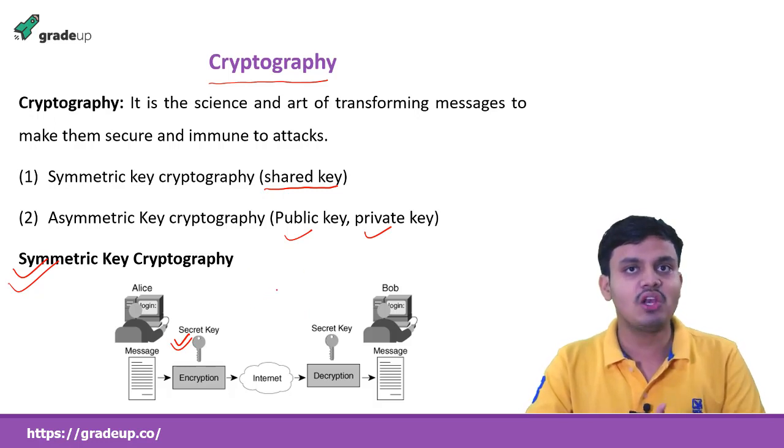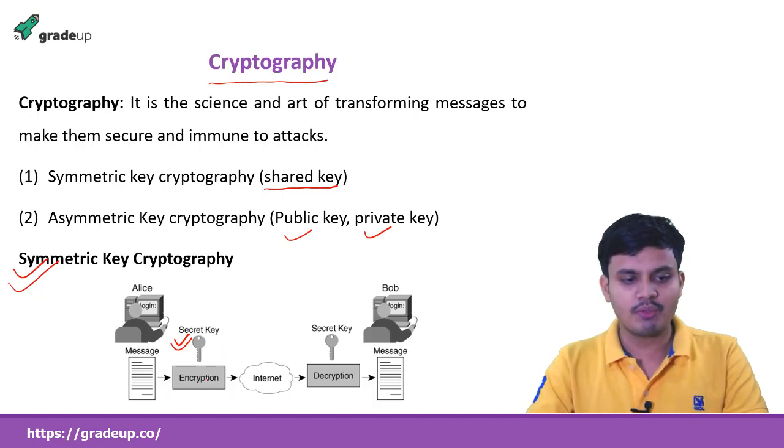If any other knows about this key, then they can know whatever is inside your message. So we encrypt it, then it goes to the internet. Through the internet it reaches Bob, and Bob decrypts it using the secret key and gets the message. But remember that both secret keys will be the same and both, Alice and Bob, will know about it. If anyone else knows, then there will be a problem.